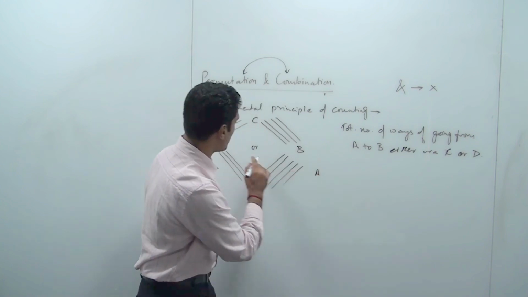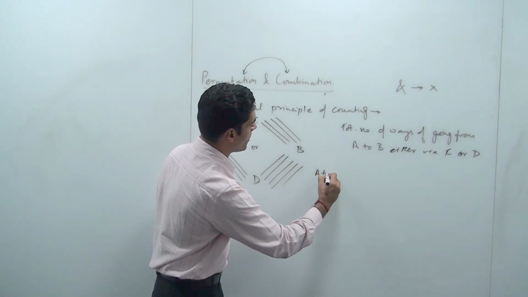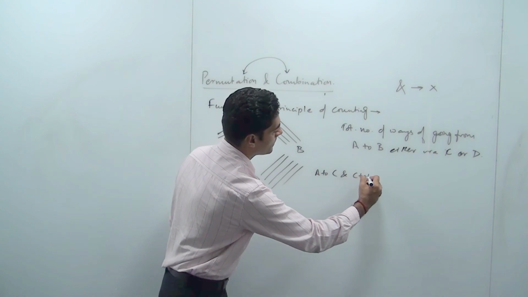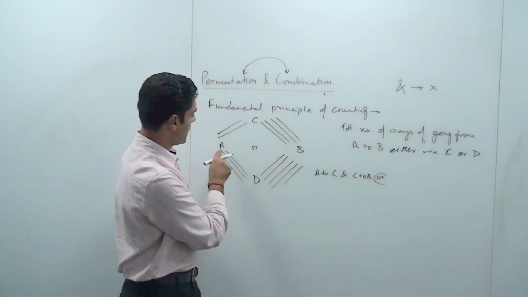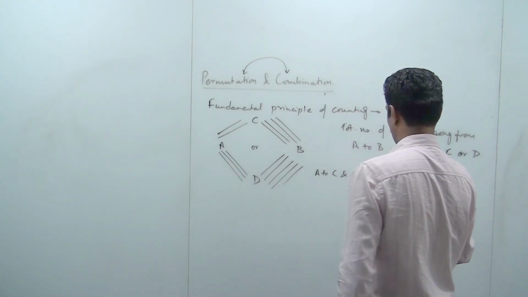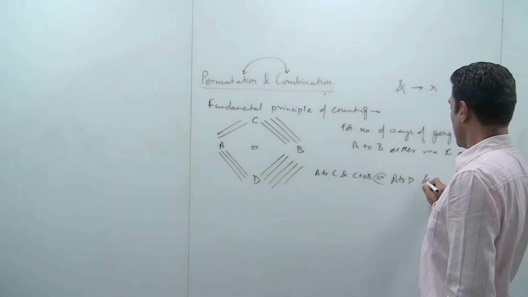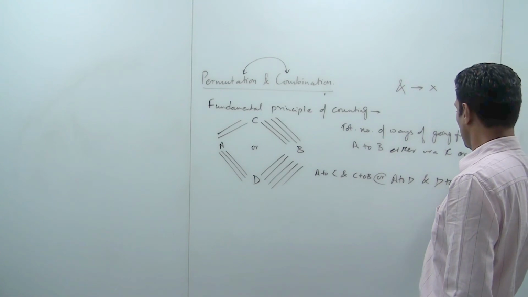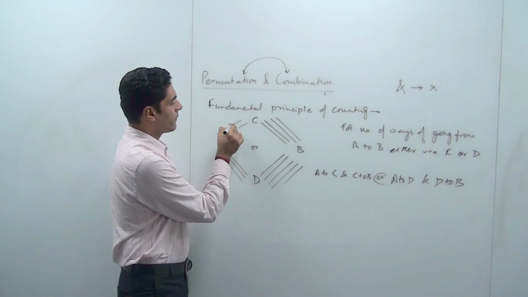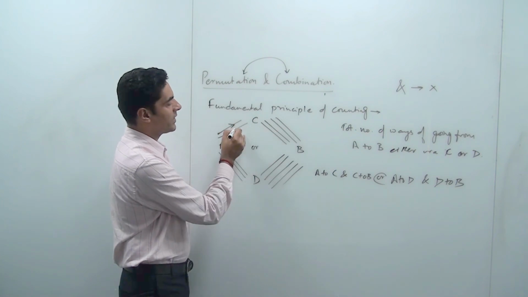Fine. So how do you handle this question? You can go from A to B via C. So this is from A to C first of all, and then from C to B, or A to D and from D to B. Now if I take this, for this route I have 2 and for this route I have 4.